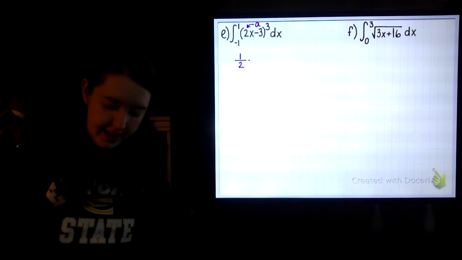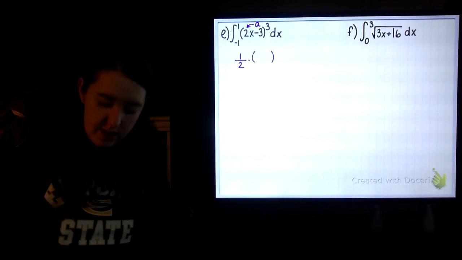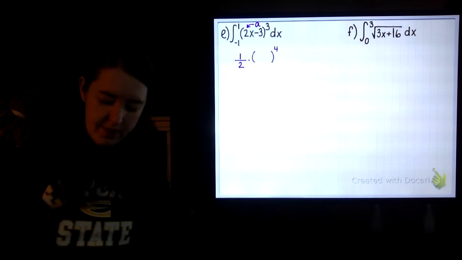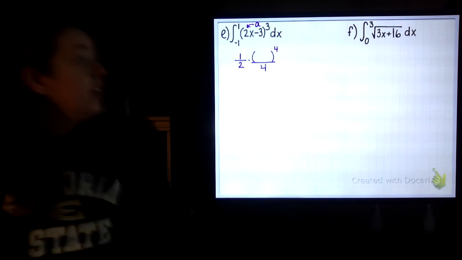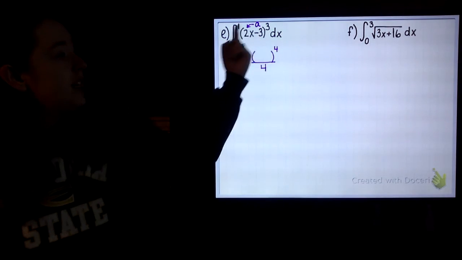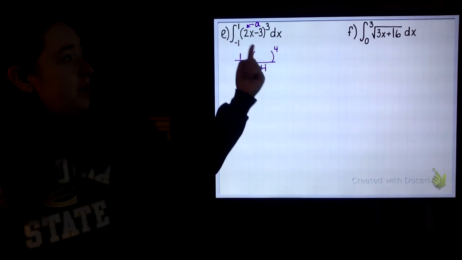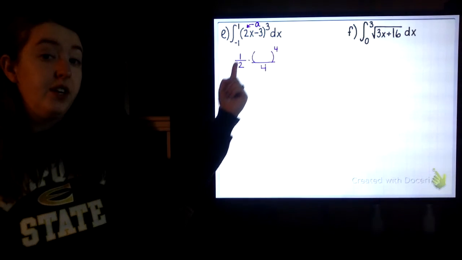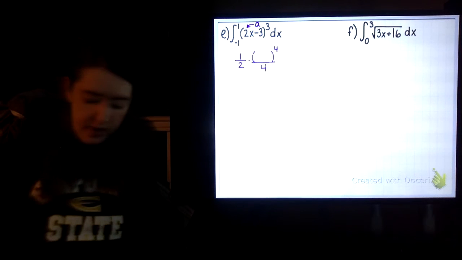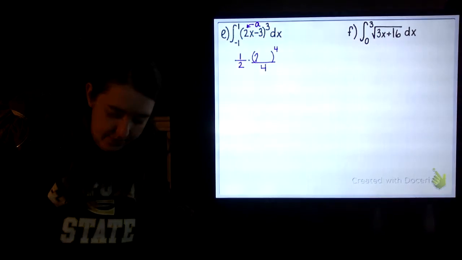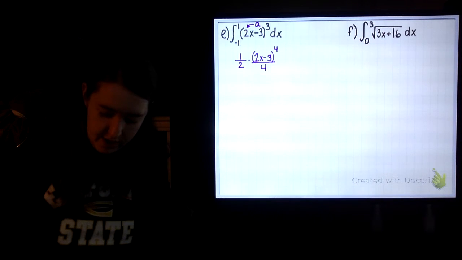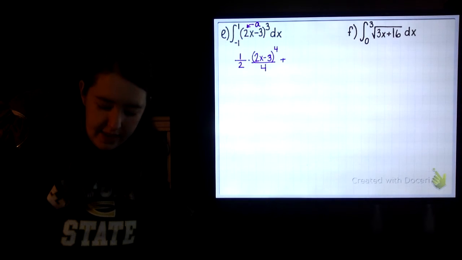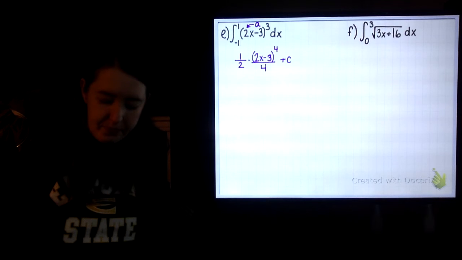And then I need to make sure that I add 1 to the power, so that's going to be 4. And then I divide by the new power, which is 4. And I can keep that 2x minus 3 on the inside right there because I took care of that being another function with this over 2 outside. And then technically there is a plus c.